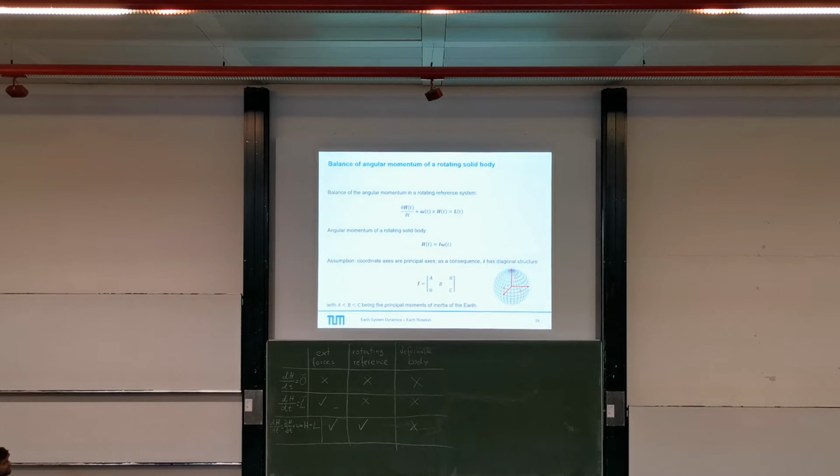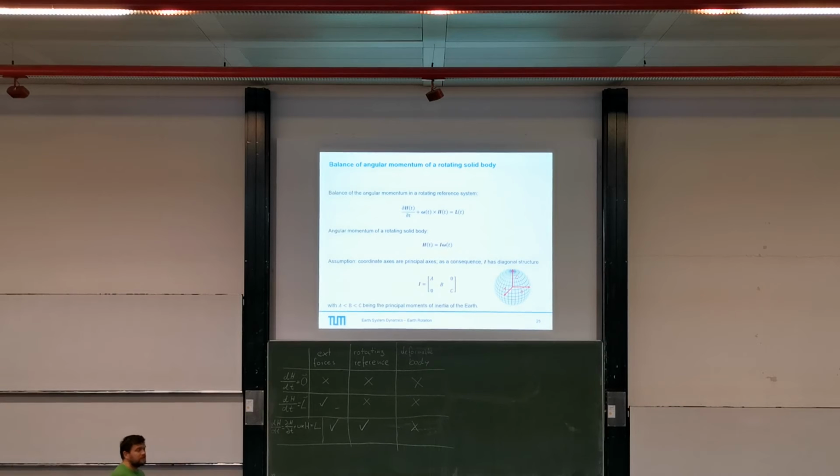We can take an assumption now that the coordinate axes are principal axes, which means as a consequence that I has a diagonal structure. So this I in a simplification can be seen as this. We have A, B, and C on the main diagonal, which are the principal moments of inertia, and the off diagonals are 0 in this case.